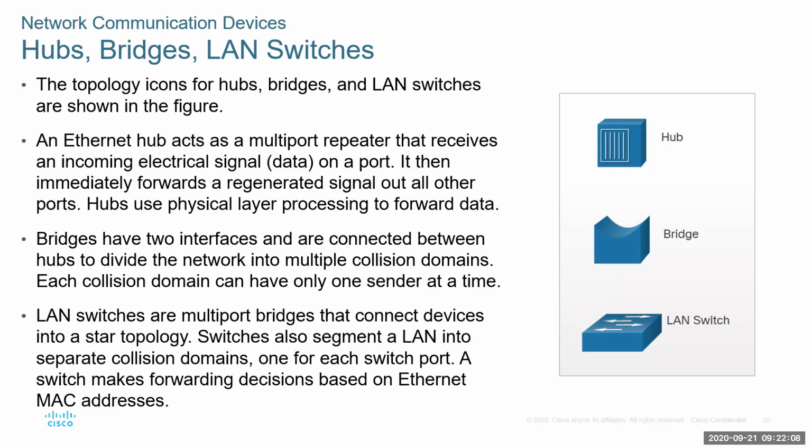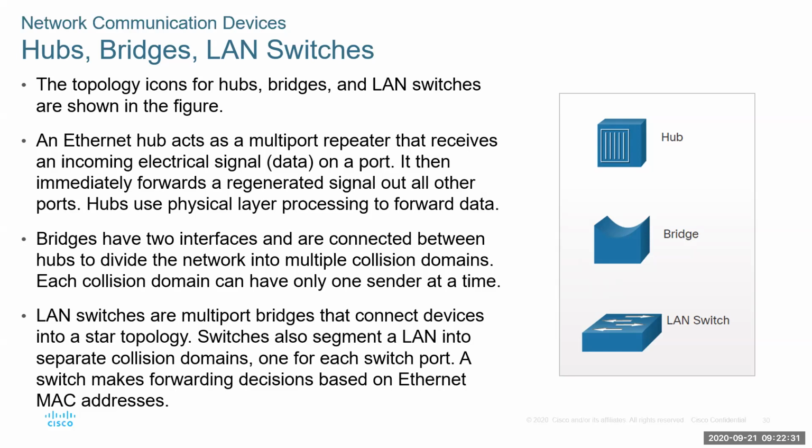So if you're sending a bunch of data from one computer to another, you're more than likely going to get a bunch of collisions within that network, because you're constantly sending one traffic out and pushing a bunch of other ones out. So you have what's called bridges, and those generally go between hubs in order to divide that into multiple collision domains.